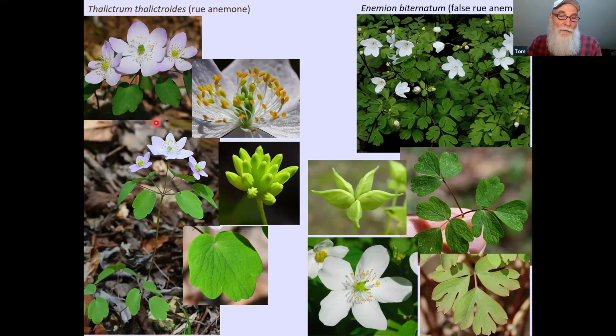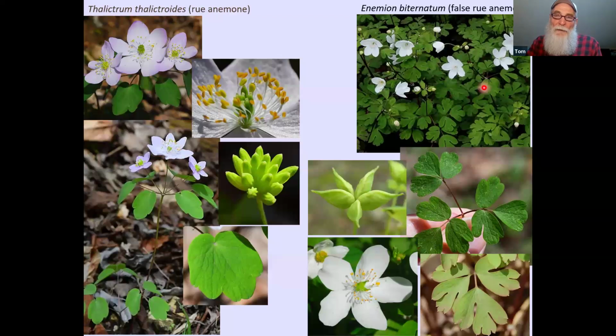And then the flowers, in terms of separating from false ruin enemy, seem to be always pretty consistent, always like this. There's usually always three flowers, 2 that are shorter, on the lateral sides of a central, taller, and somewhat larger flower, as you can see in this picture.